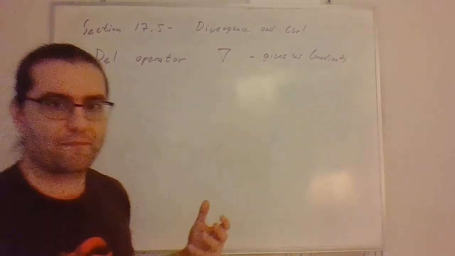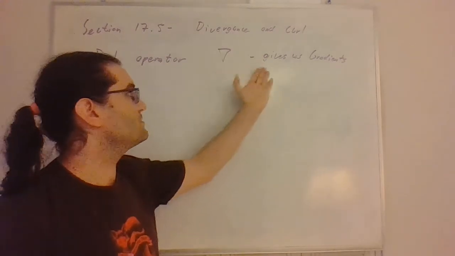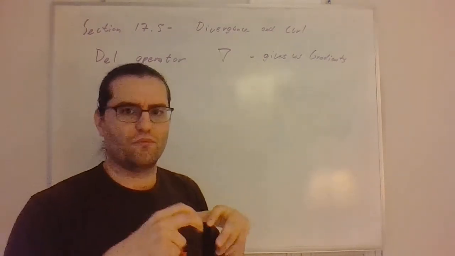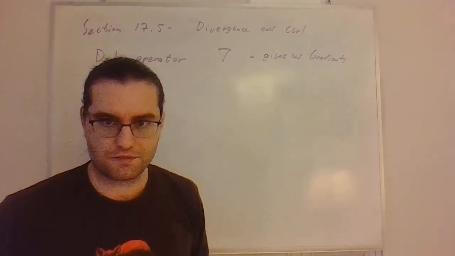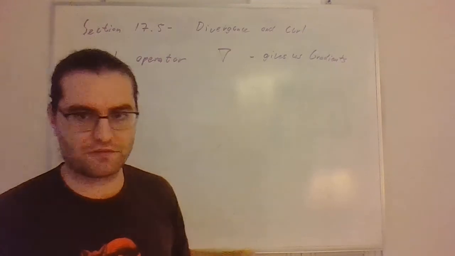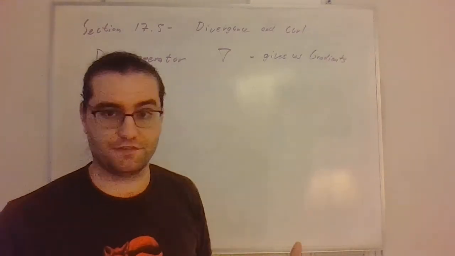So up till now, we've used this thing on real number valued functions to turn those real number valued functions into vector fields, right?